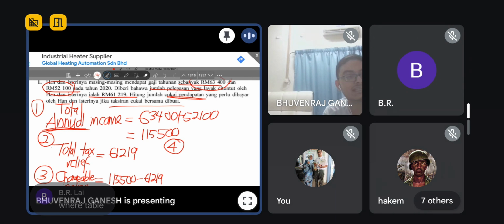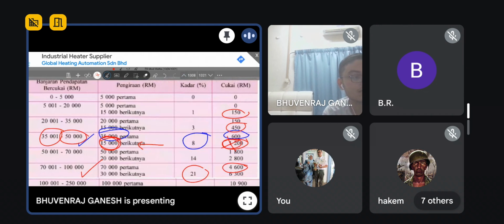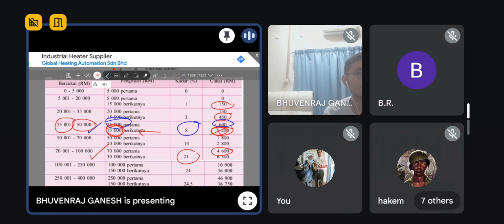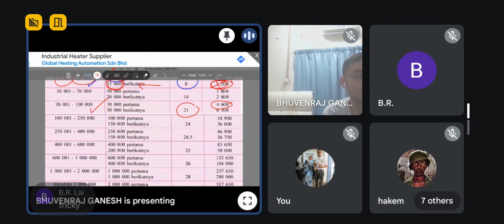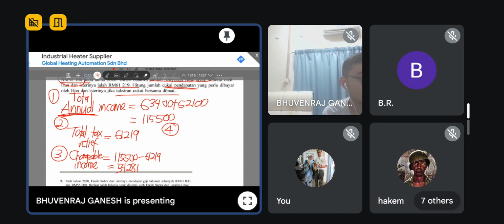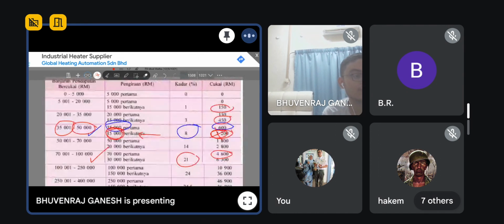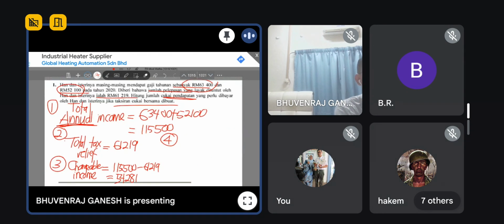Correct. Okay, you just need to say table only. I will show you the table. Okay, so basically you have the value already. So you just need to refer to the table. Okay, so just now the value was 54281. So 54281, base tax 1800, 14%. So we use those two values. So 1800 and 14%.